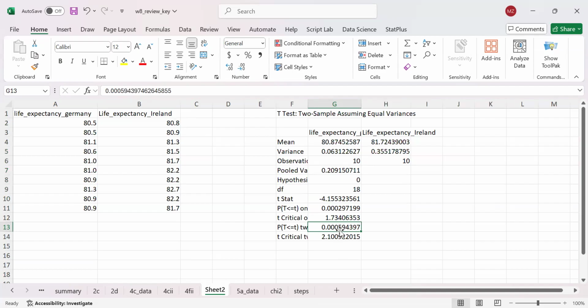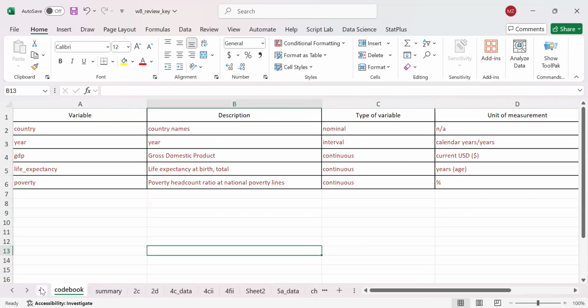So we reject the null hypothesis and we accept the alternative hypothesis. In this case, we can say that the average life expectancy of Germany is lower than Ireland's, or Ireland's is greater than Germany's, which is what we wanted to test. So we can accept the alternative hypothesis that the average life expectancy of Ireland is greater than Germany's.